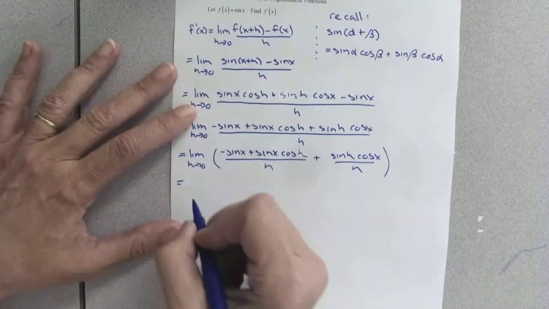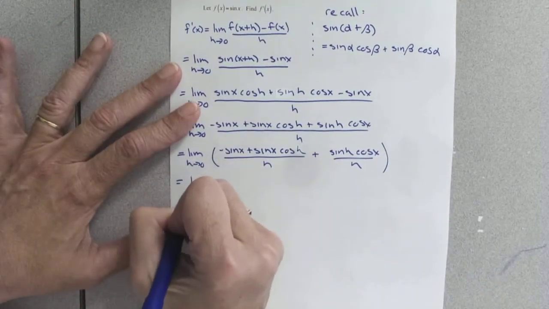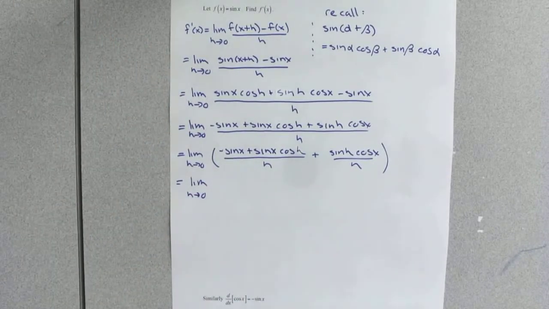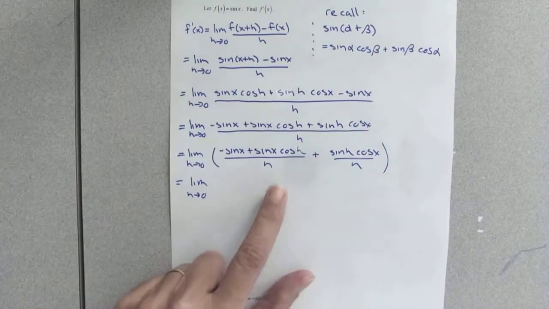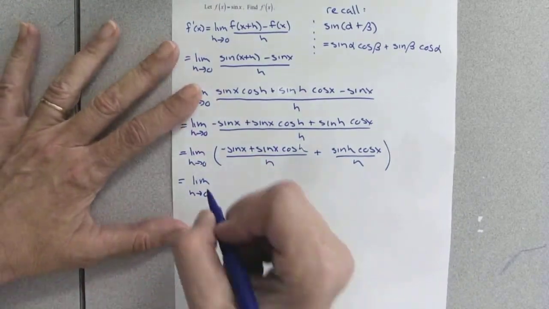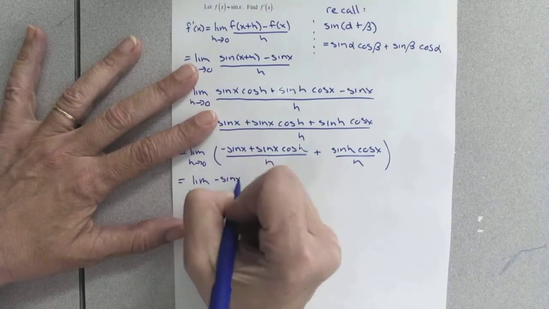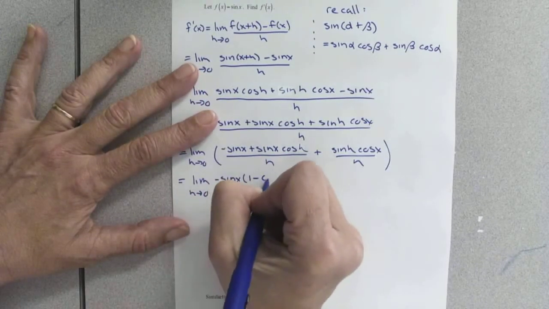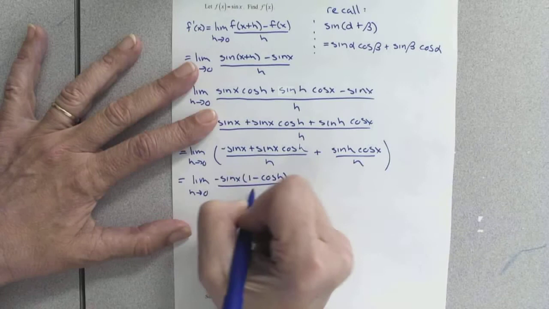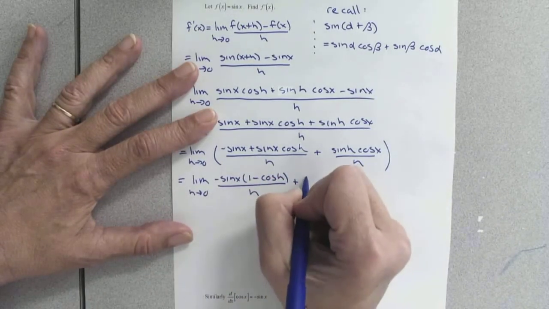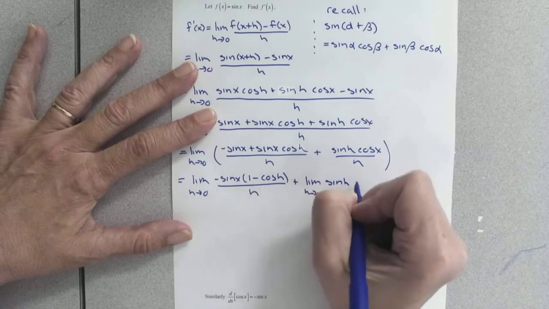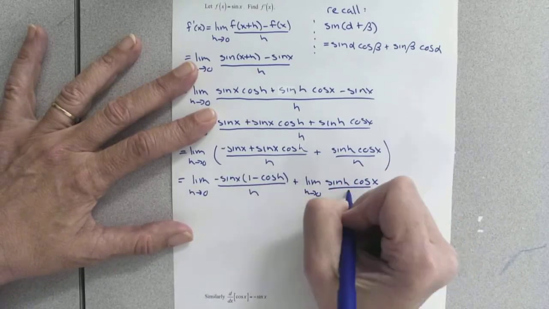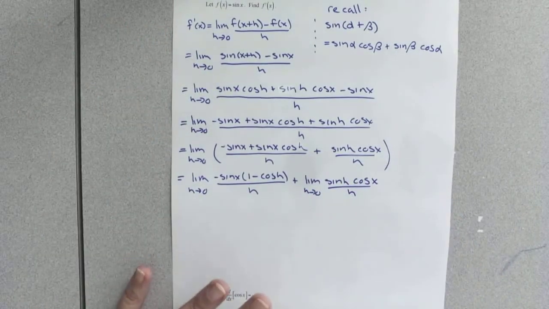And then I'm going to split this up into 2 separate limits, because one thing we learned about was that limits could be split up by addition or subtraction. And not only am I going to split it up into 2 separate limits, I'm going to do a little factoring on this first one. So factoring out a negative sine x, that's going to give me 1 minus cosine h all over h, plus then the limit as h goes to 0, is sine h cosine x all over h.